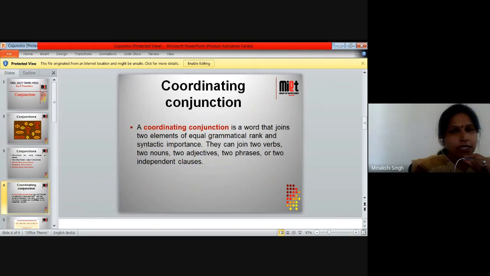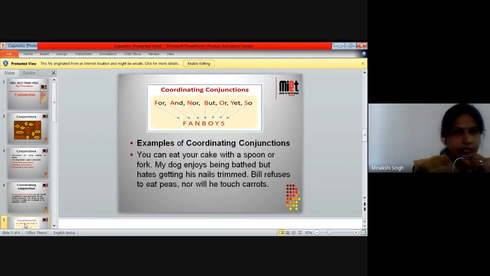A coordinating conjunction is a word that joins two elements of equal grammatical rank and syntactic importance. They can join two words, two nouns, two adjectives, two phrases, or two independent clauses. Let us now have a look at the examples of coordinating conjunctions.